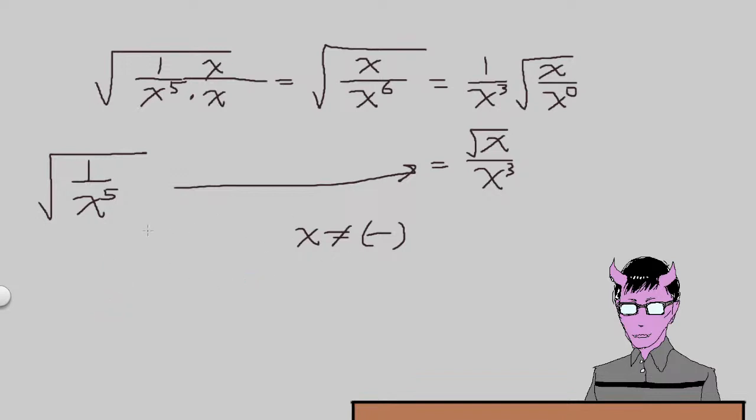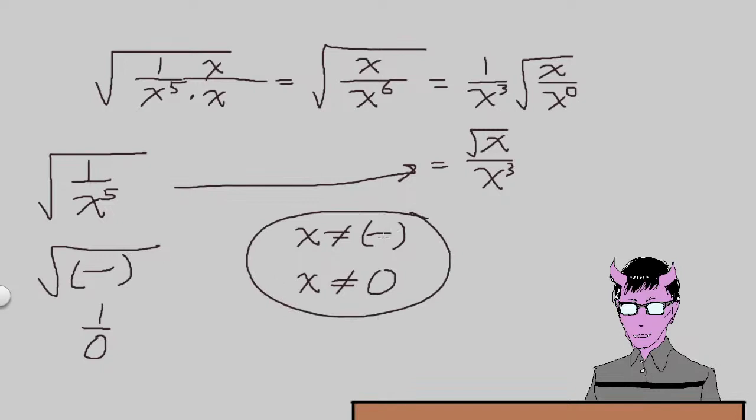So there are two numbers. Number one, x cannot be negative because it will break your radical function. And then number two, x cannot be 0 because that would break your inner function, which is the fractional situation. So two situations will break your function.